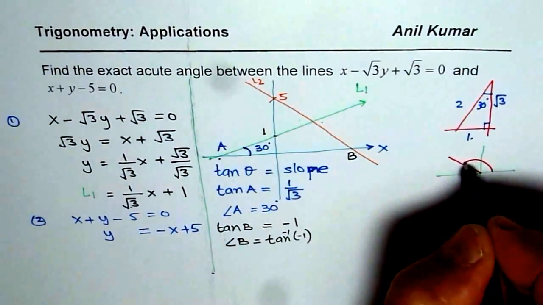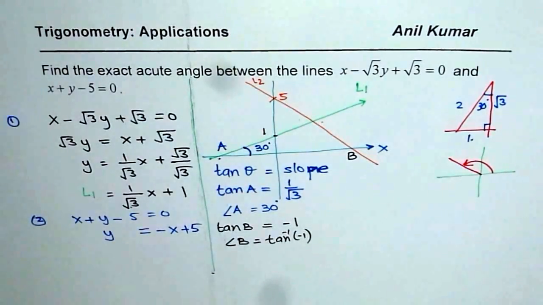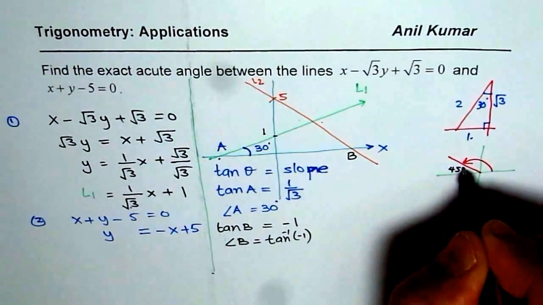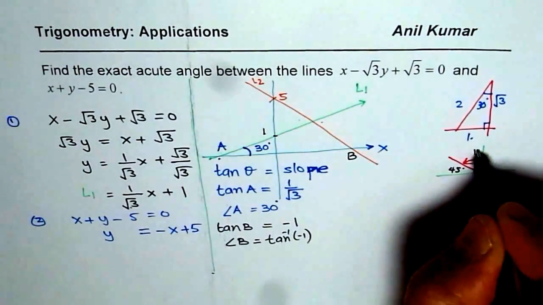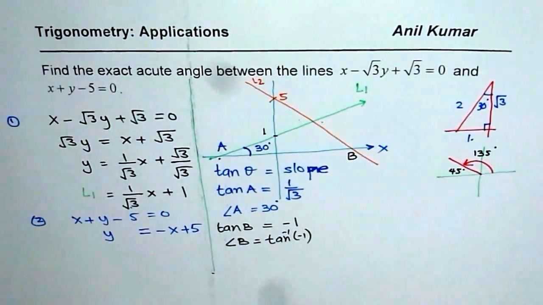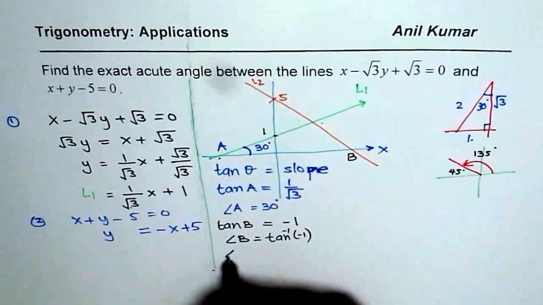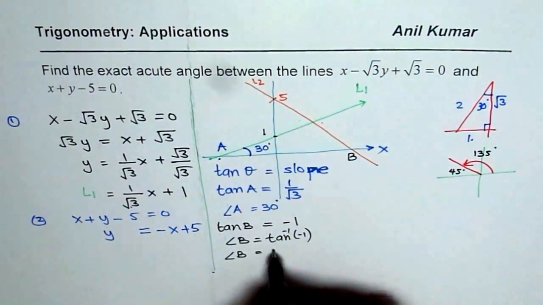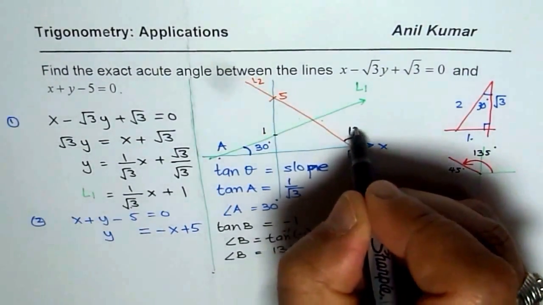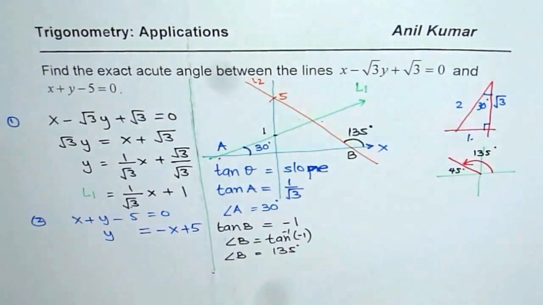In this case, 45 degrees is the acute angle, and this angle is 135 degrees. When you add them, you get 180, or you could do 180 minus 45. So angle B is 135 degrees.